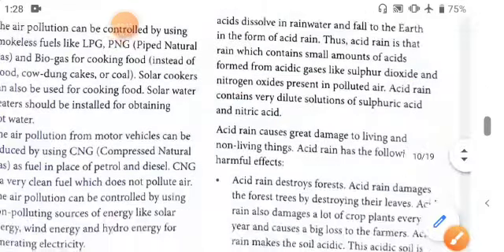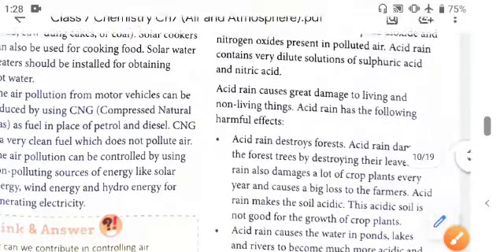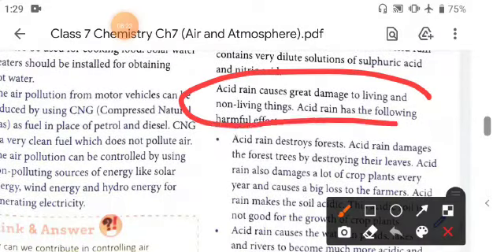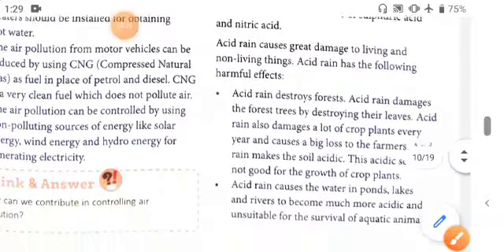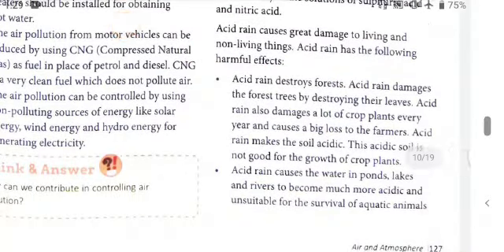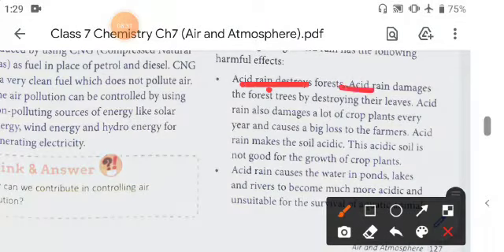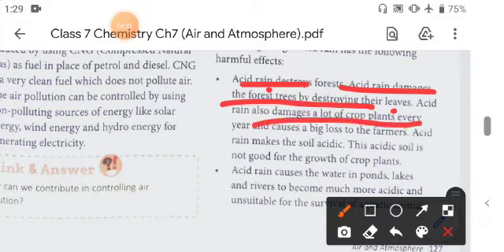Acid rain causes great damage of living and non-living things, and acid rain has many harmful effects that are given below. Here acid rain destroys forests, and it can damage the forest trees by destroying their leaves, and also damage a lot of crop plants every year and causes big loss of farmers.